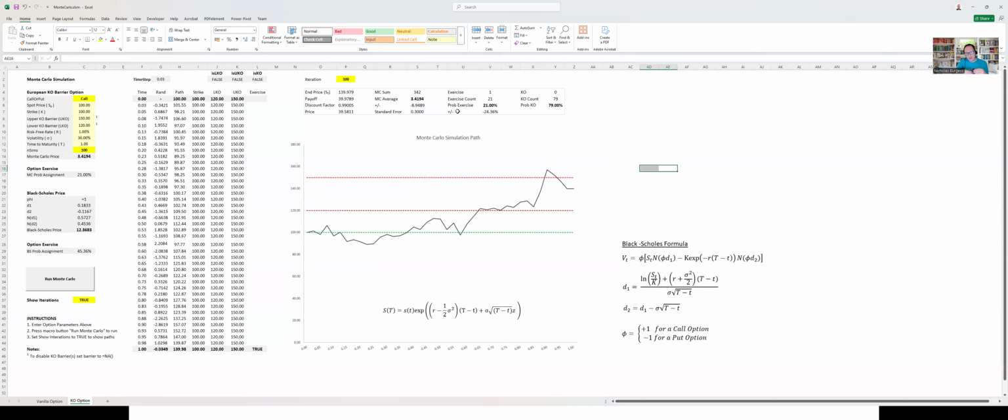What I'm trying to say here is that if we have a knockout option, it's going to make our option cheaper. What we could do is simulate and look for where I can put my knockout barriers such that I make my option cheaper, but with less probability of knocking out.